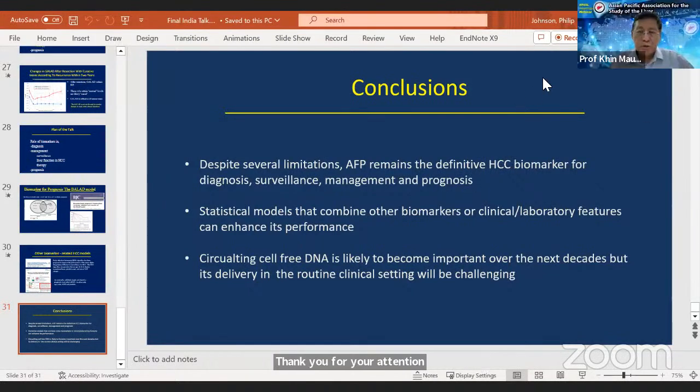Thank you very much, Professor Philip Johnson, for showing us the light on the use of alpha-fetoprotein. Alpha-fetoprotein we've been using in Asia for many years with the clinical surveillance and diagnosis of HCC.